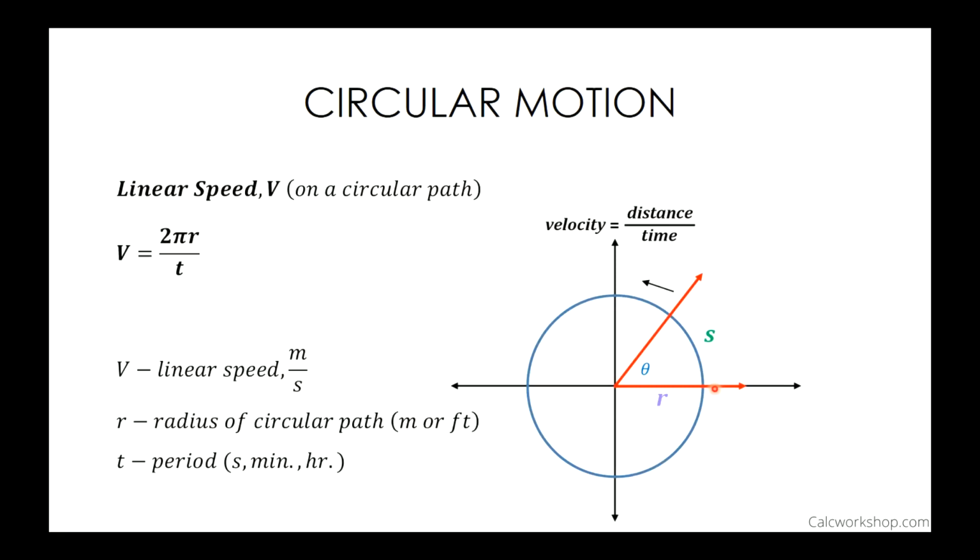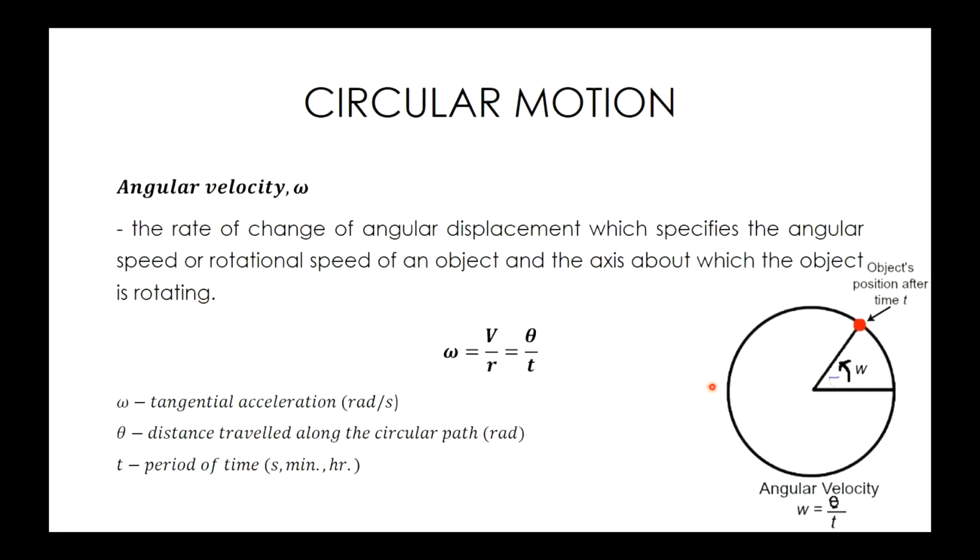And the formula for circumference, again, is 2 pi r. Kaya nagkaroon tayo ng circumference, which is equal also to the distance traveled by the object in this circular path. And then, again, over the time elapsed or the period of time na tinravel niya yung buong one revolution sa circular path na ito.